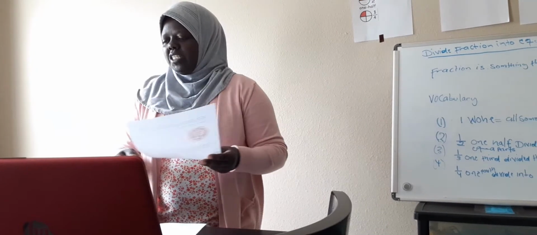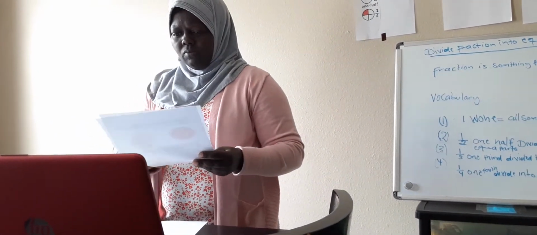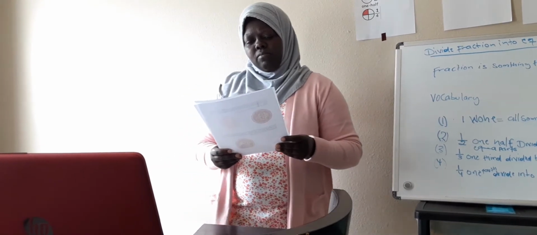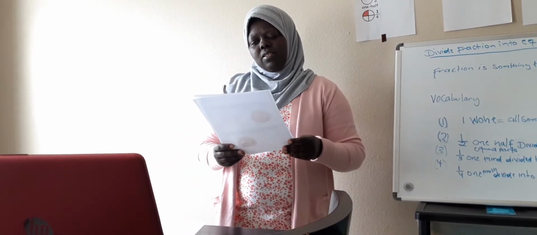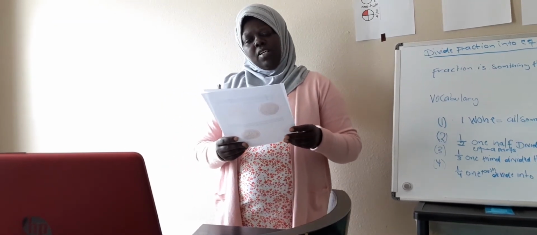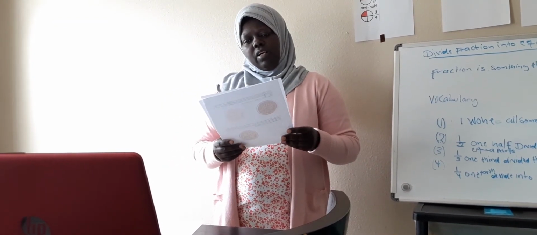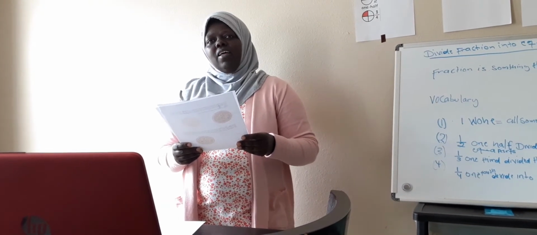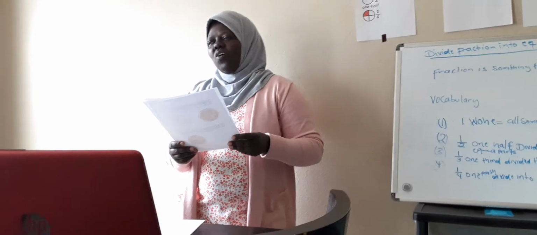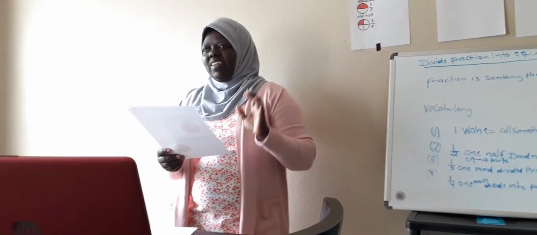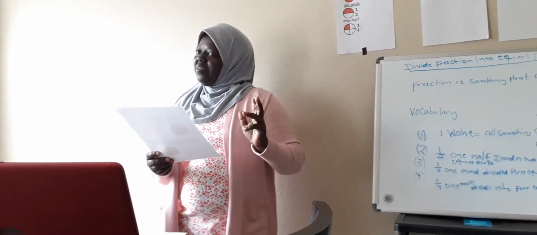Okay, so again, Malik and Esther and Enoch and Abubakar, they buy one pizza. There are 3 people with one pizza.